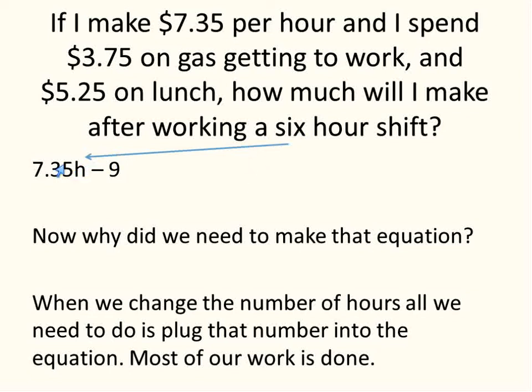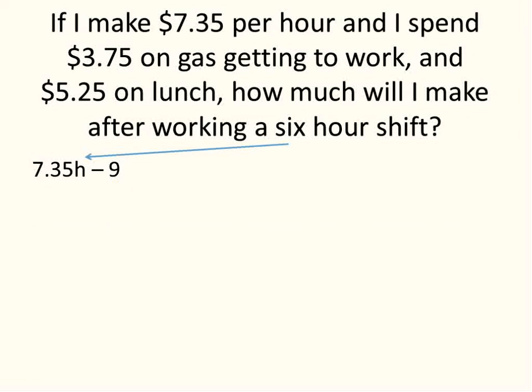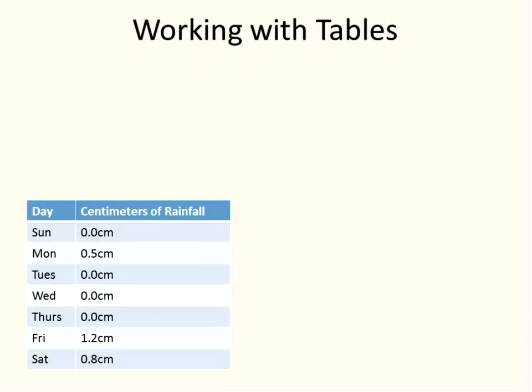Let's say you work for 8 hours, plug that in. Let's say you work for 2 hours, plug that in. And you can plug in however many hours you work and use this same equation. Then you only have to do 2 steps to solve it. Plug in 6 and solve. You plug in the value of 6, 7.35 times 6 is 44.10, minus your $9, you have $35.10 to go home with.